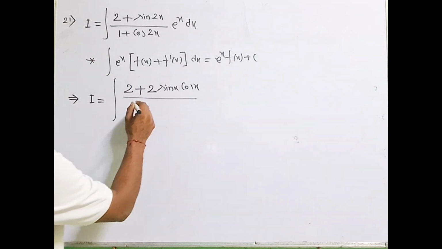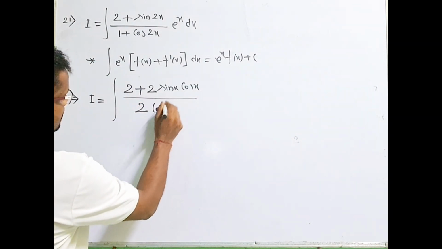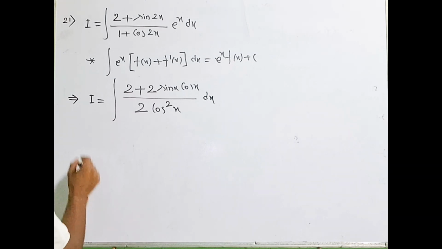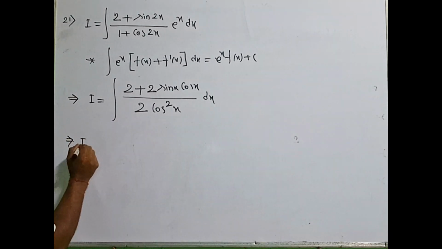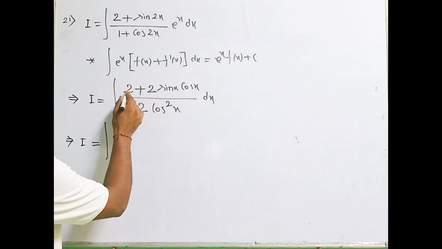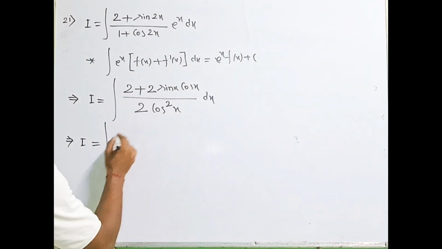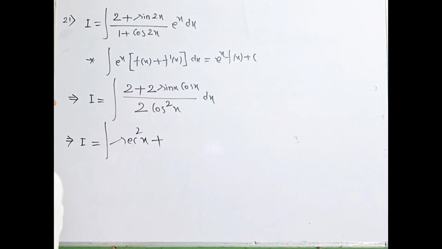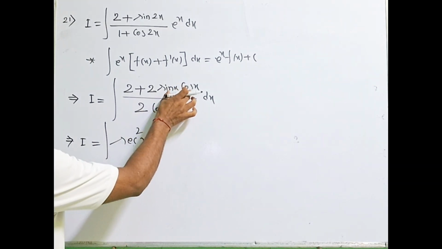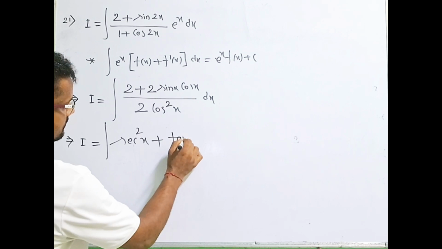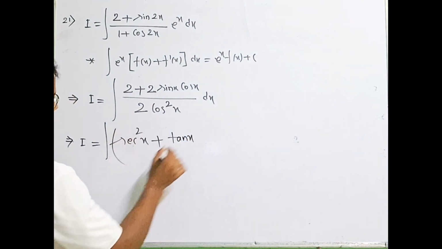1 plus cos of twice theta, the formula should be known to us, that is 2 cos square theta. So here it will be twice of cos square x dx, which implies I equals the integral of 2 by 2 cos square x, let me write directly, it is sec square x, plus 2 sin x cos x divided by 2 cos square x, that's nothing but tan x as a whole.